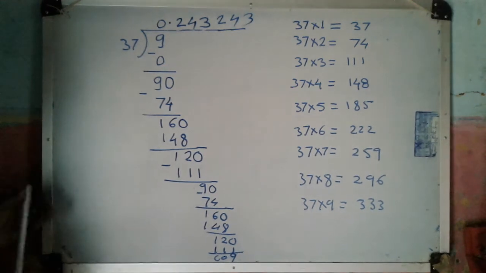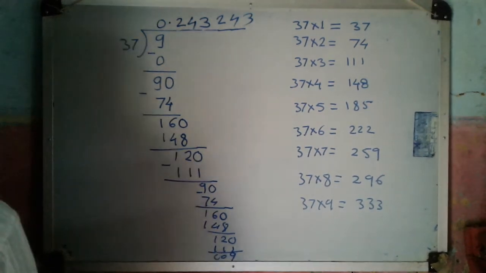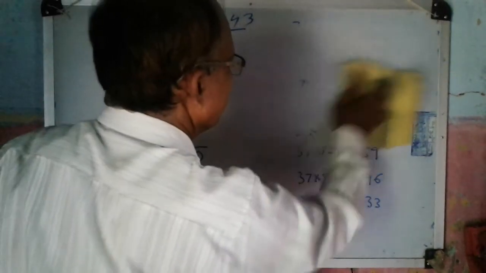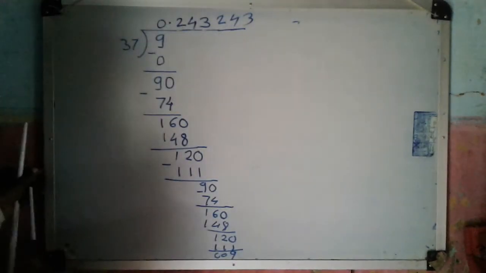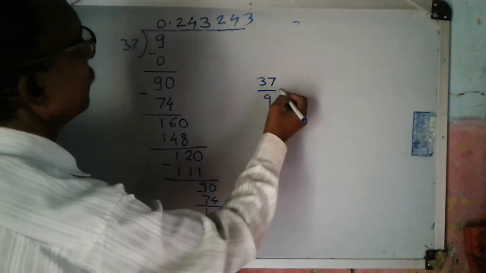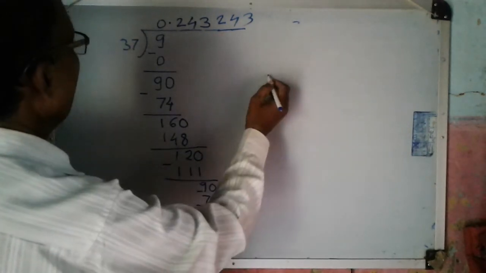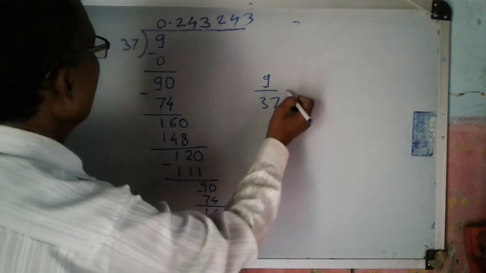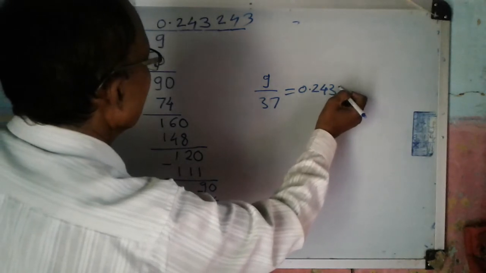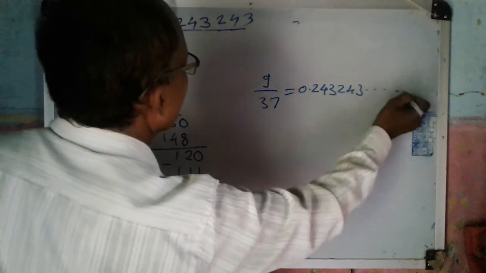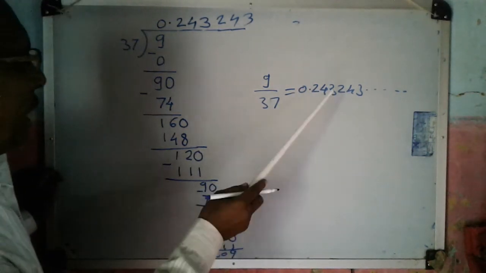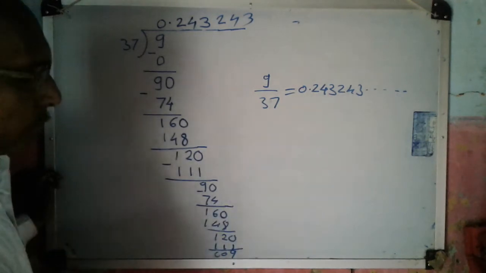So here the decimal form is, 9 upon 37 is equal to 0.243243 and so on. So this is a non-terminating recurring decimal form.